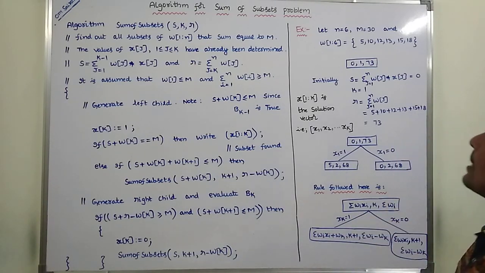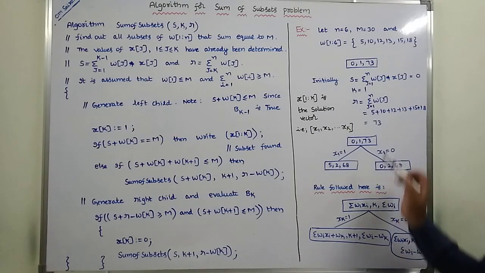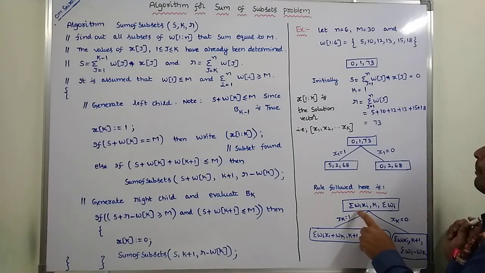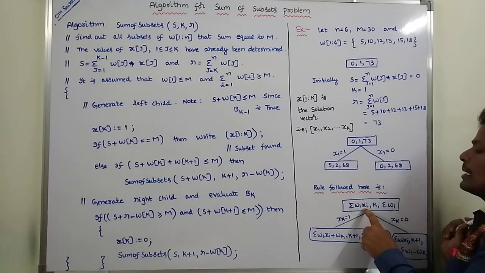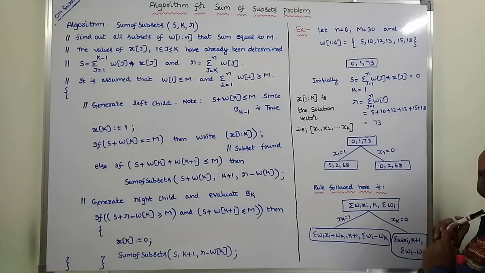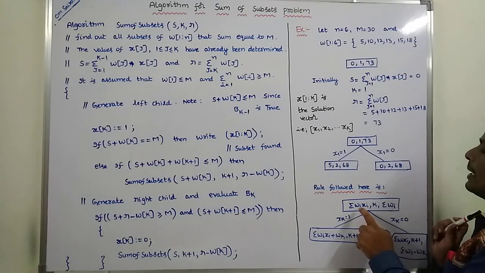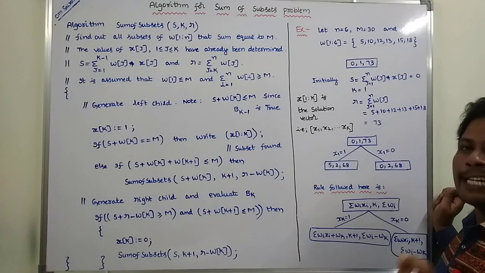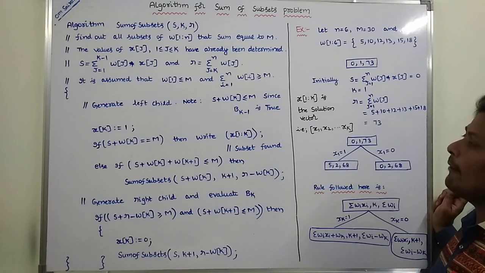Next, to solve this problem, we have to use this rule. Here sigma wi xi is the sum of the products of the weight vector and the solution vector. What is xi? Xi is an instance of the solution vector.